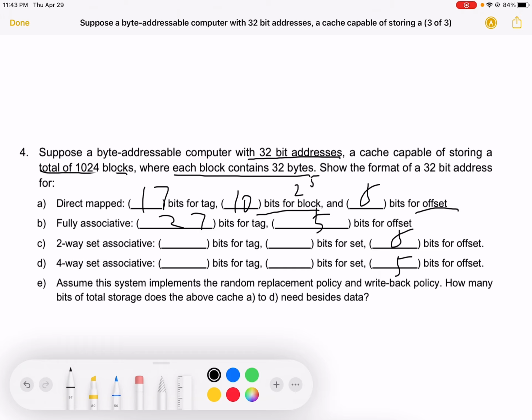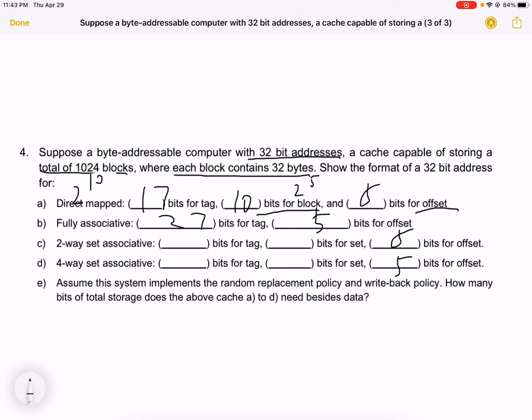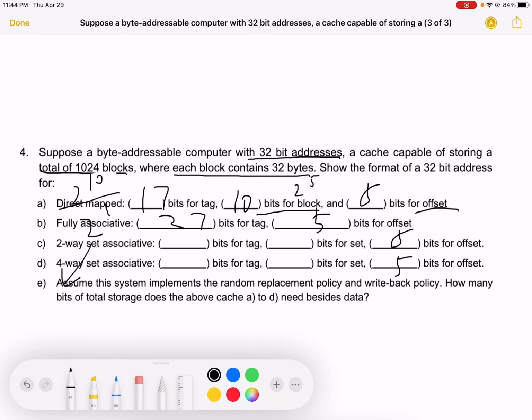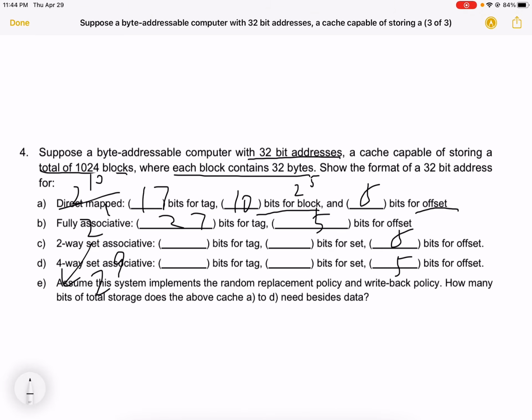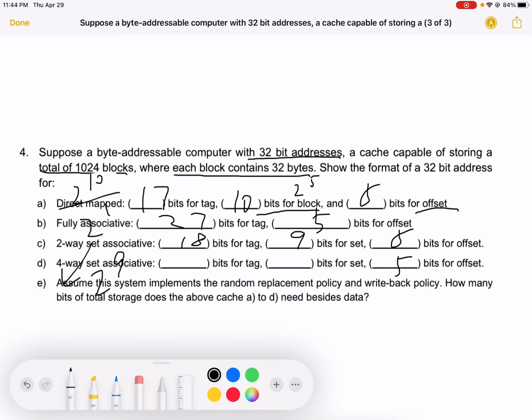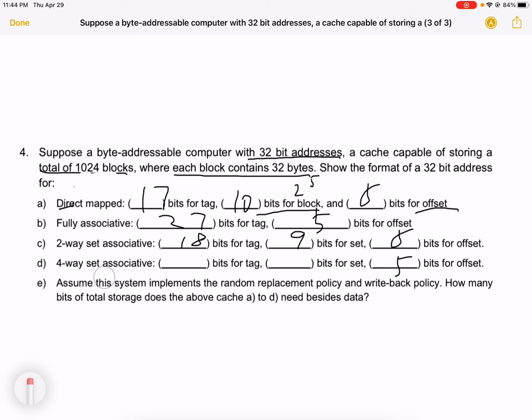It's going to be 2 to the 10th divided by 2, which gives us 2 to the 9th power, and we take the value of the power, so it's 9 bits. And then we use 32 minus 9 minus 5, we get the tag, which is 18. Okay, let me erase this.